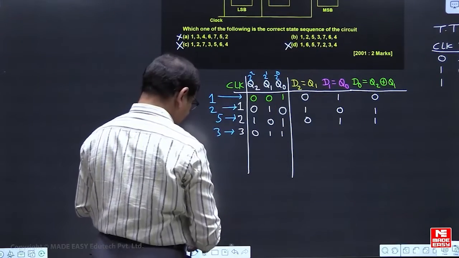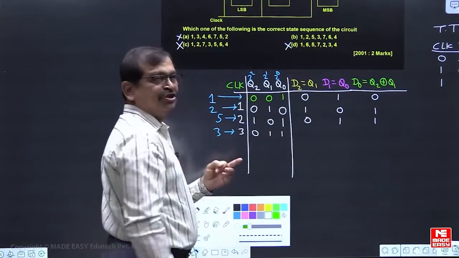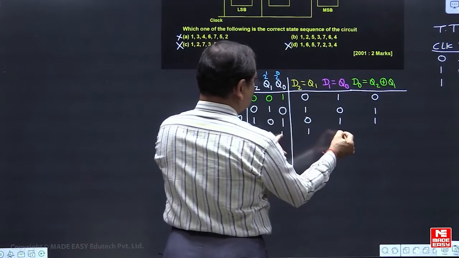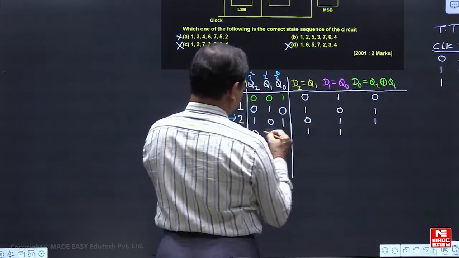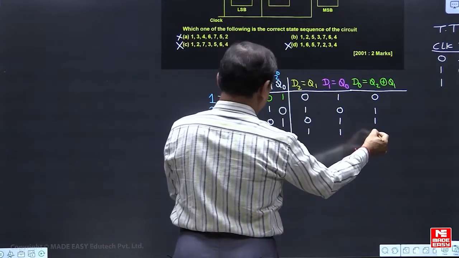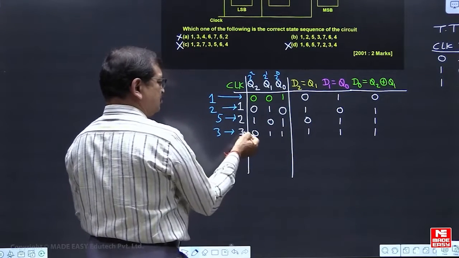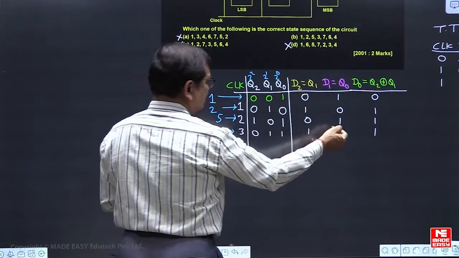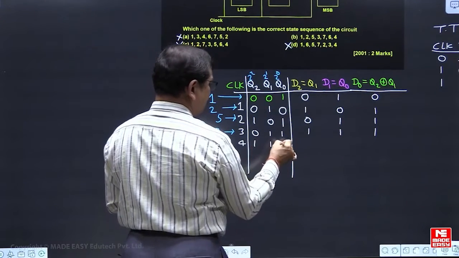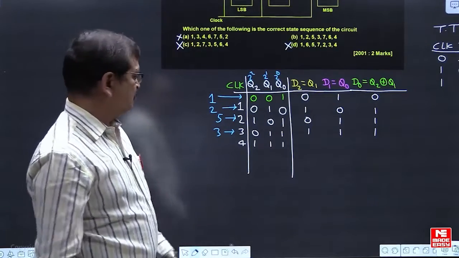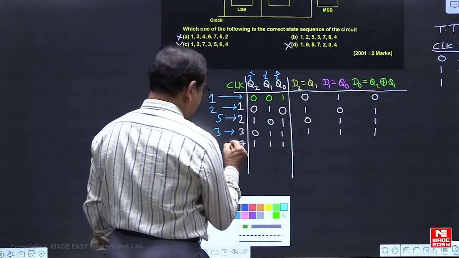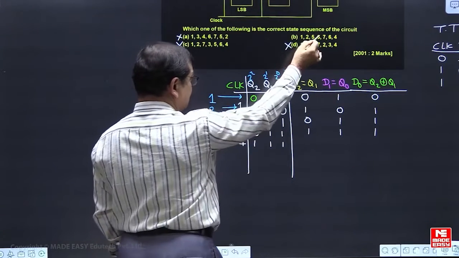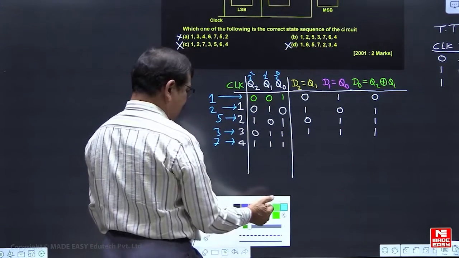Now, based on this present state, Q1 is 1, Q0 is 1, and XOR between Q2 and Q1 is 1. When you apply the clock, it is the fourth clock pulse. So the respective flip flop outputs give an equivalent decimal state number of 7. So after 3 we got 7, so it is going in proper order.